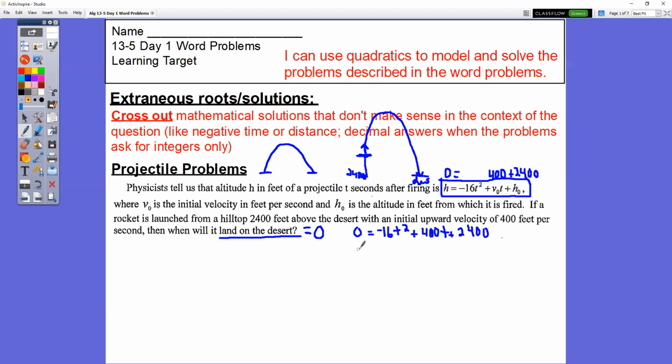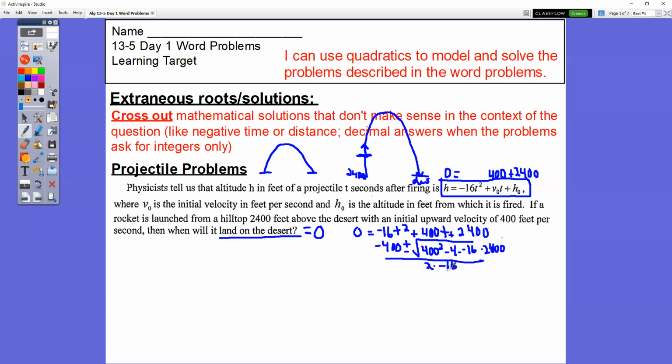Just use the quadratic formula. It's a lot easier. So we have negative b, or negative 400, plus or minus the square root of b squared, so 400 squared, minus 4 times a times c. I forgot my 4. All over 2 times a, 2 times negative 16.